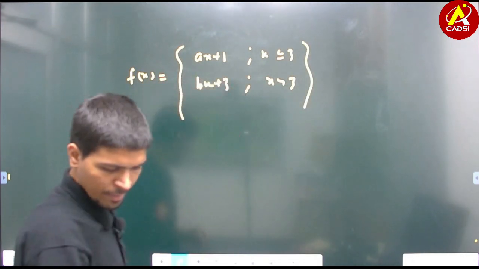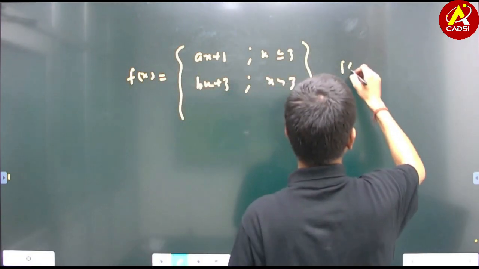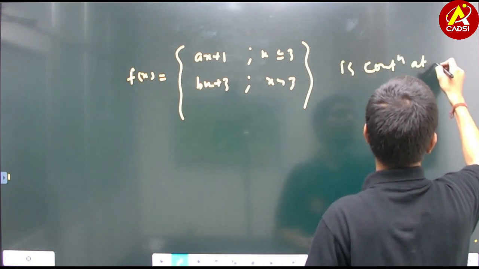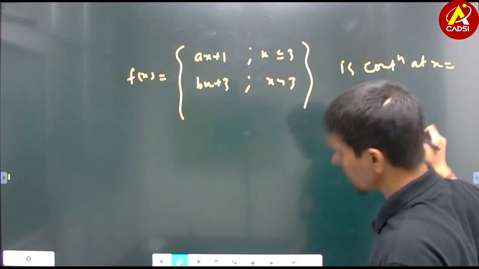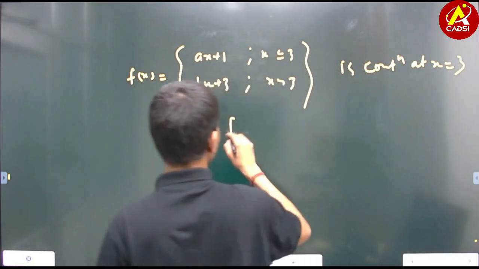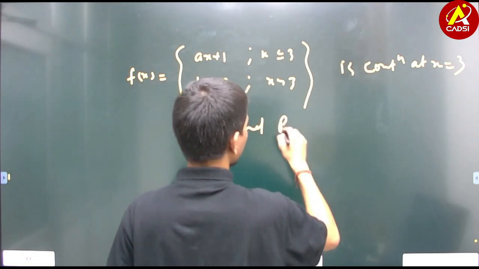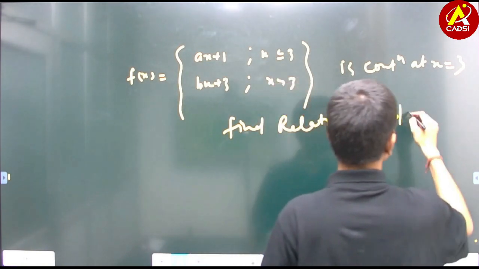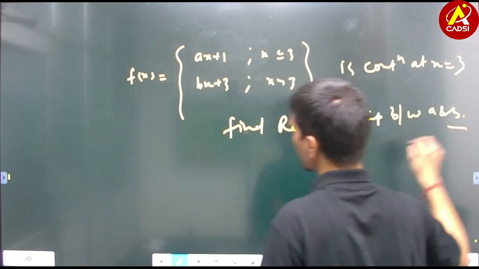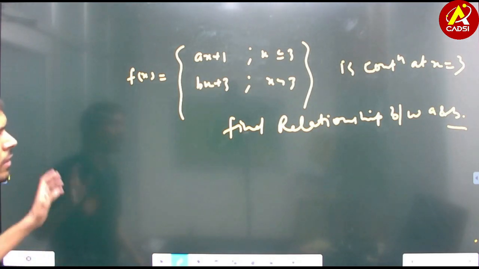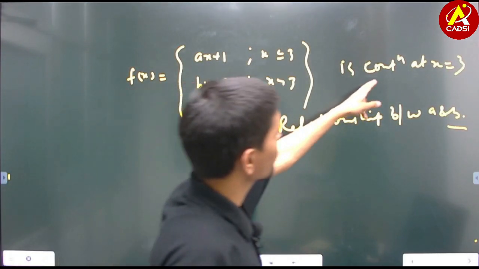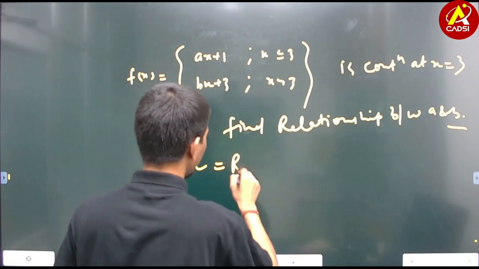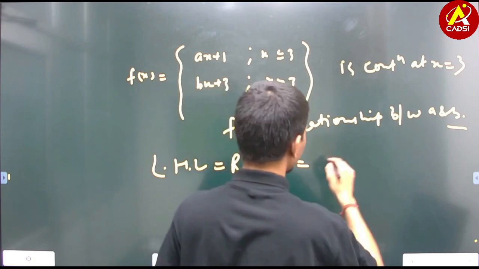The function is continuous at x equals 3. Find the relationship between a and b. Now we have to use the concept of the definition of continuity, meaning the left hand limit, the right hand limit, and also f of 3.